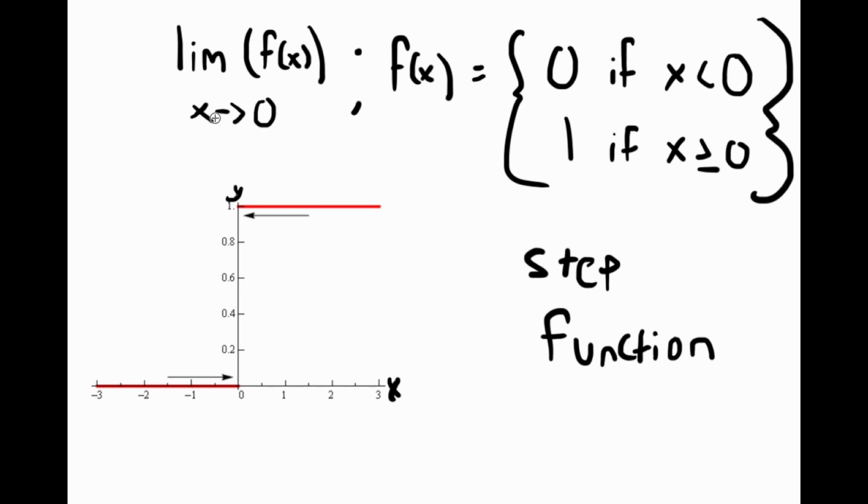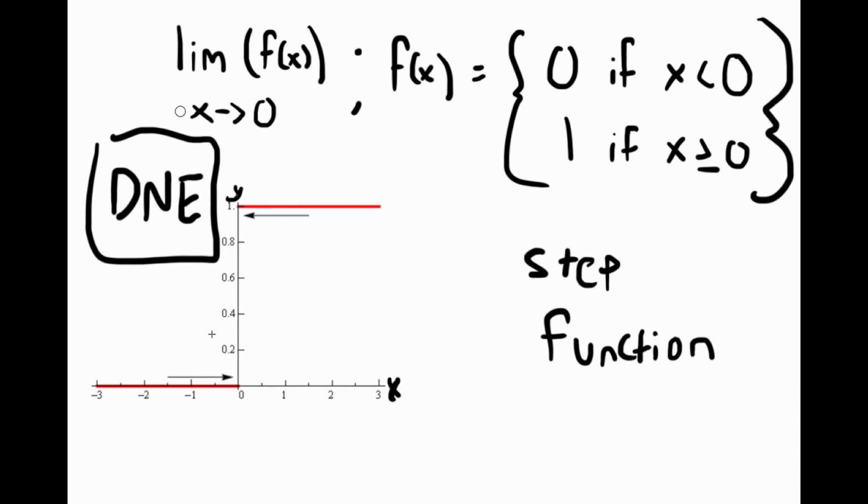But if it was, say, as x approaches 0 from the right hand side, that would be equal to 1 easily. But since we don't have one limit it approaches towards, and it's not asking from the left hand or right hand side specifically, then we are just to say that the limit does not exist for this step function.